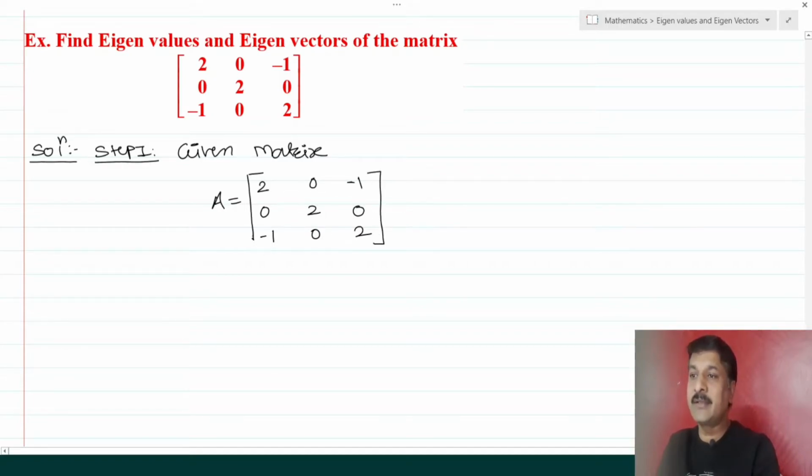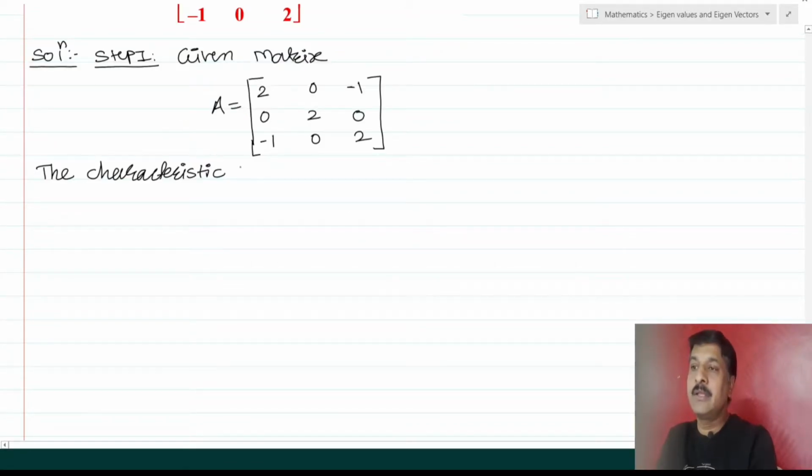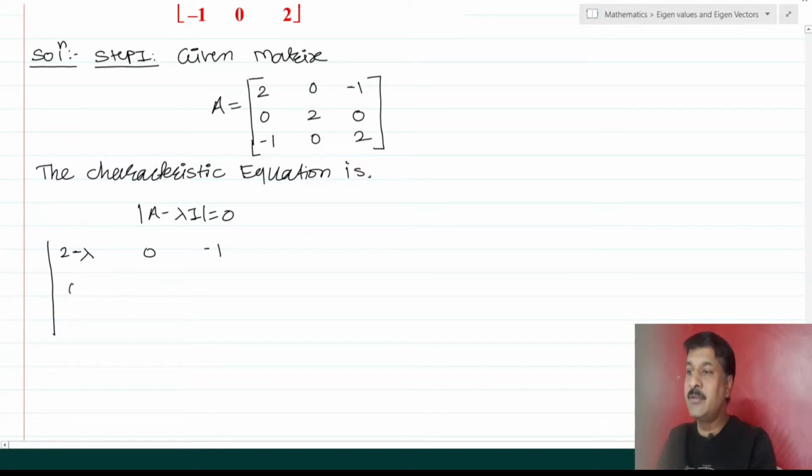So what is the characteristic equation of this matrix? As we know, the characteristic equation of matrix A is determinant of A minus lambda I equal to 0. So what is it? Determinant of 2 minus lambda 0 minus 1, 0 2 minus lambda 0, minus 1 0 2 minus lambda, equal to 0.